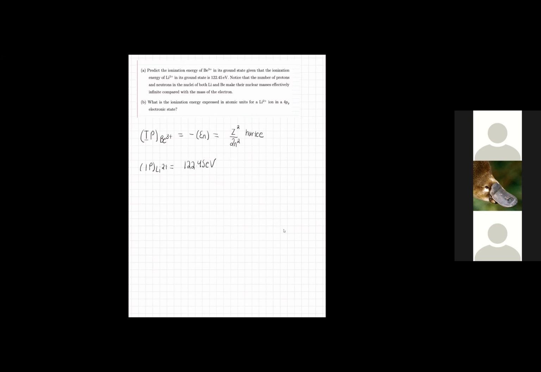Based on that, they want the answer in Hartrees. And if you want electron volts, it's like Z squared over 2n squared times some constant, so like some C, which would convert it into electron volts. This just contains all the constants like mass of electron and everything. And we're trying to find that.